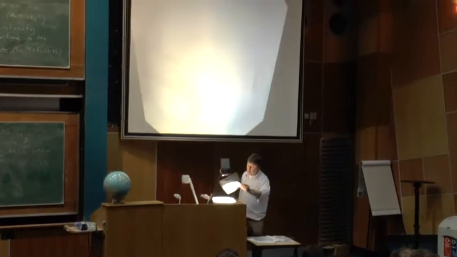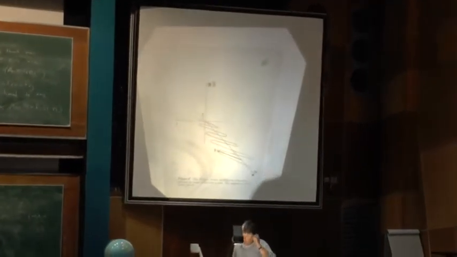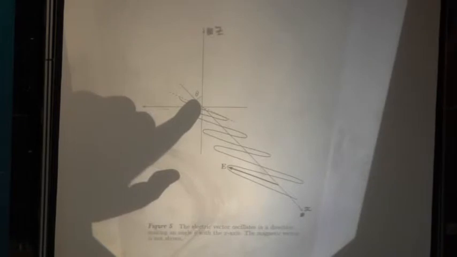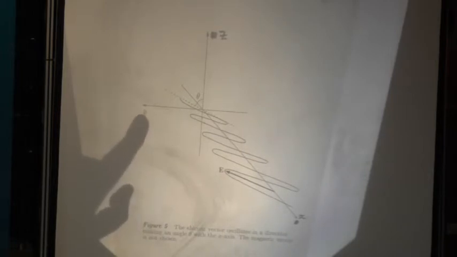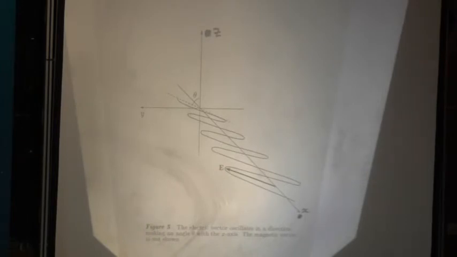This one's not on the course handout; this was just something that I took from, I think, Open University material. So in that example that we had last week, we had a wave propagating out in the x direction, an electric field vector oscillating in the y direction, and this is, if you like, one of these so-called snapshots of the wave. We see the electric field is oscillating in the y direction, and we're assuming that there's a magnetic vector oscillating in the z direction, but the magnetic vector is not shown.